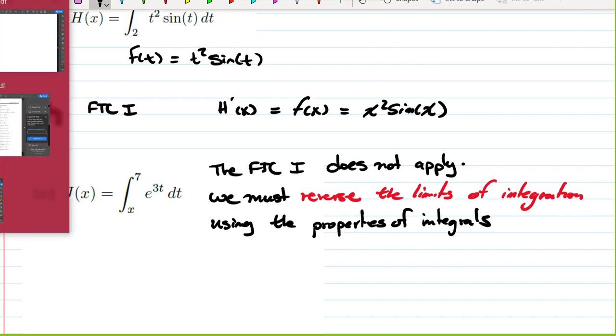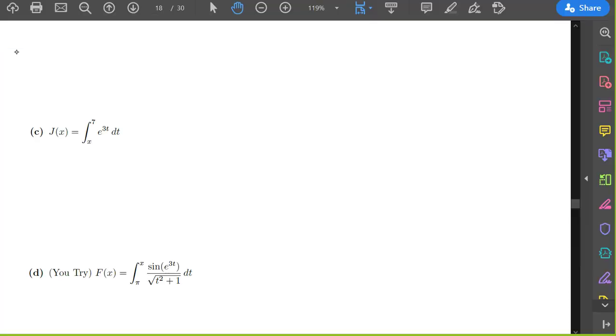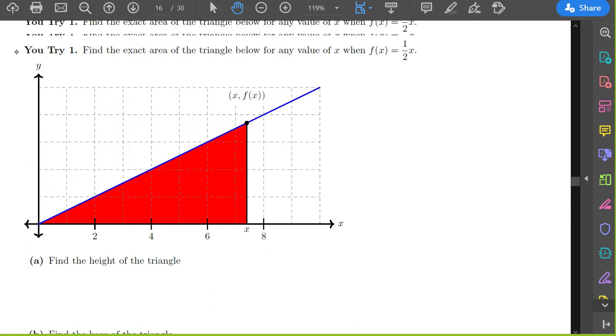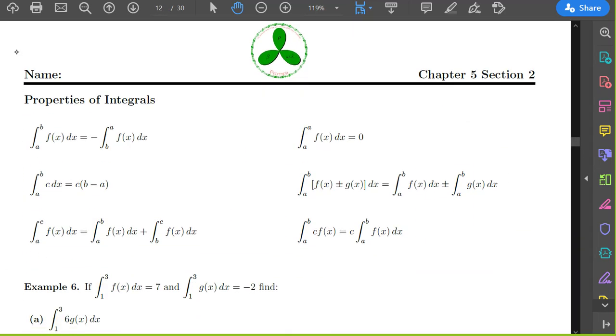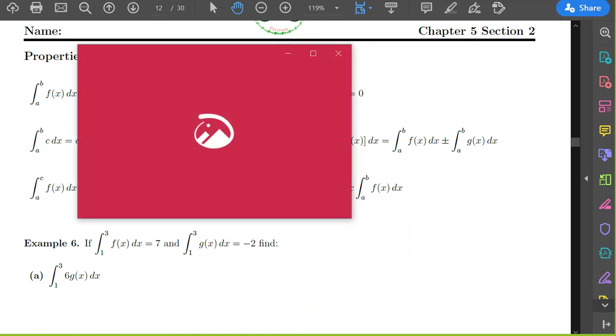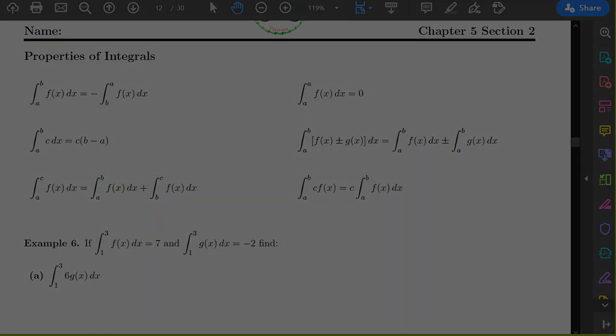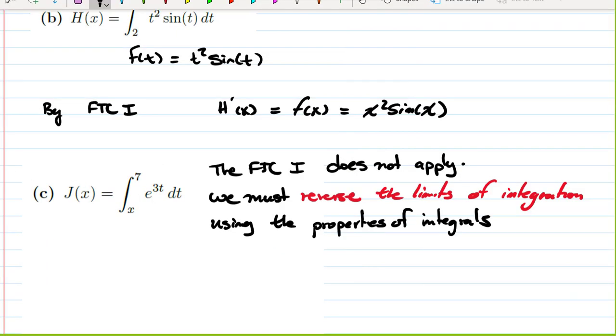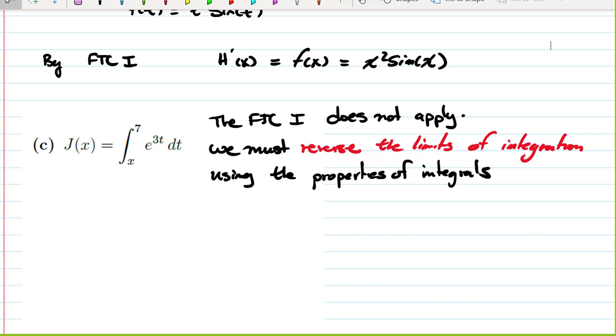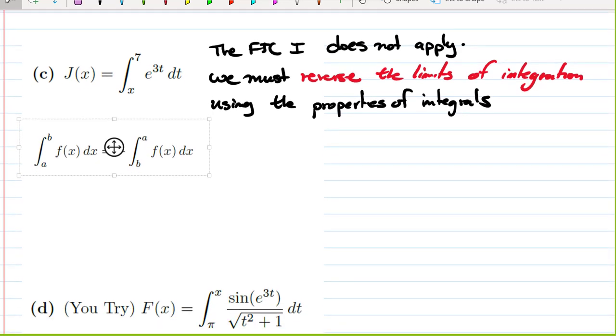So if we go back to our lesson from last time, we had some properties of integrals from 5.2. Specifically, we had the following property, which was if we have the integral from a to b of f of x, it is the same as the negative of the integral from b to a of f of x.